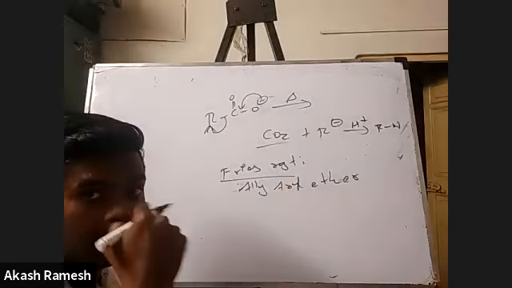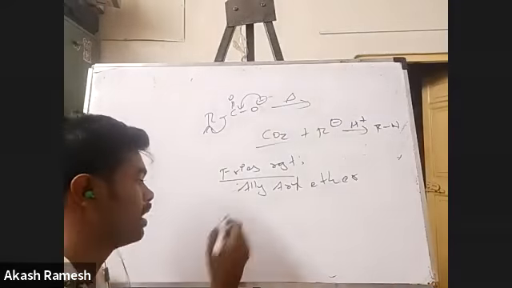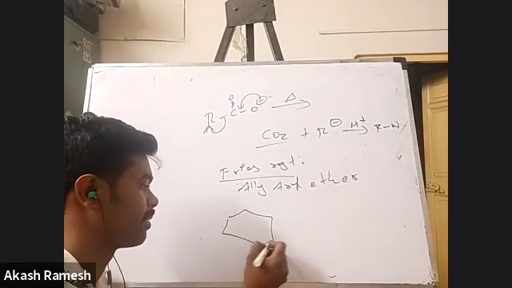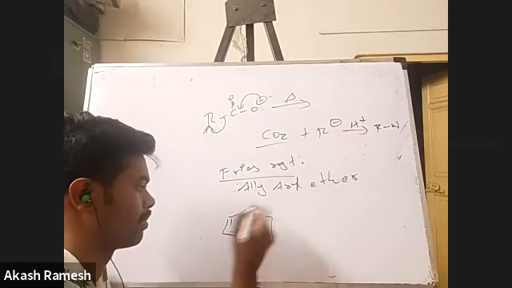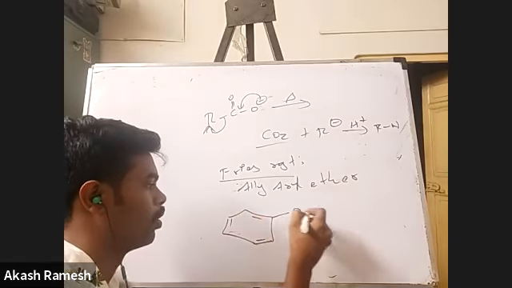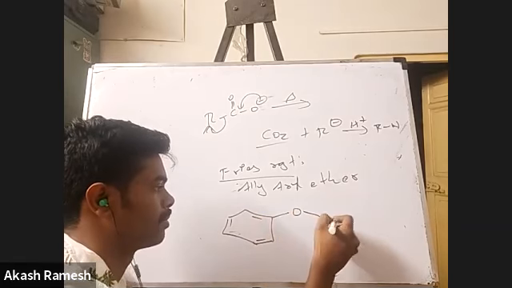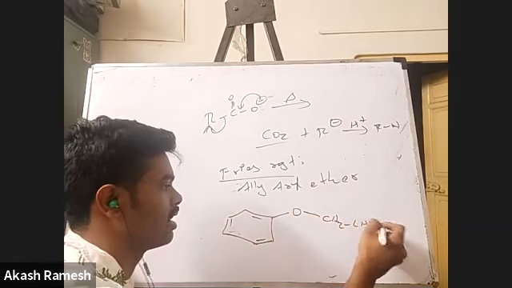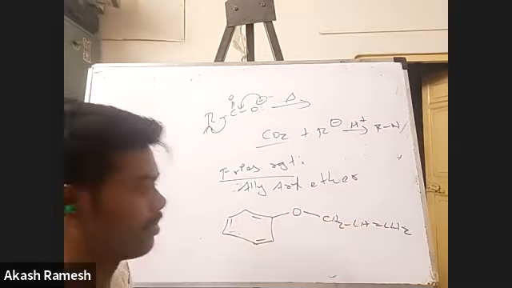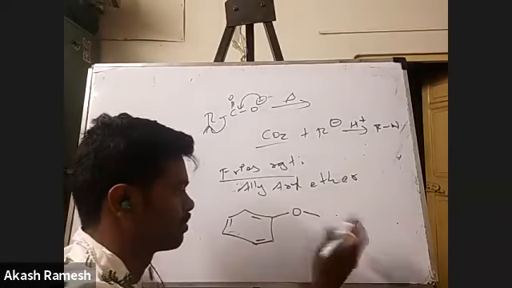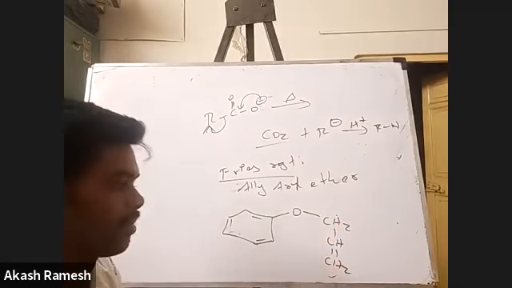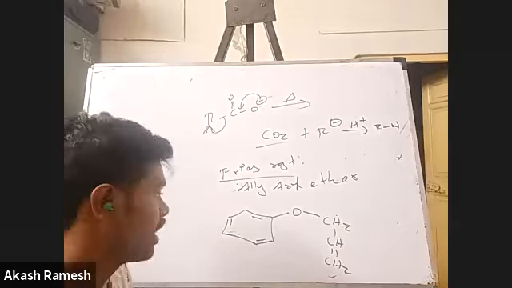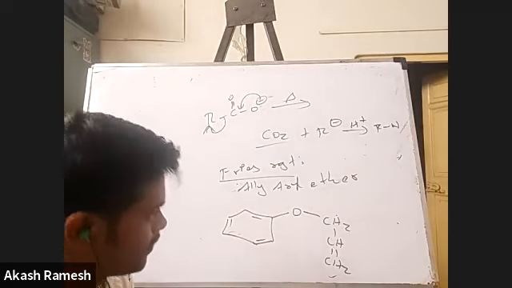Okay, aryl ether. So say I have O, CH2, CH double bond CH2, or I'll write it like this. Okay, that's what I have.